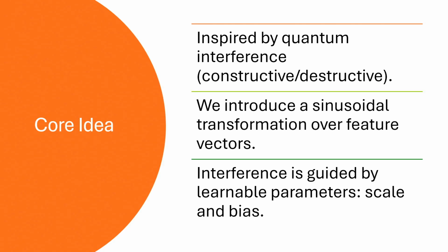This is inspired by quantum interference. So we are going to be using a sinusoidal transformation over feature vectors. The important thing is that this function has two parameters that I will dive into later: a scale and a bias. Those are both weight matrices that get adjusted through training.